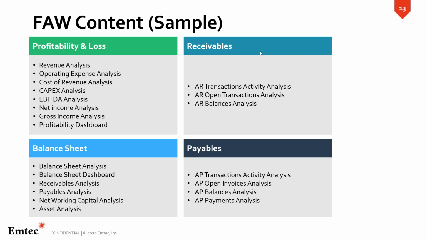Some sample content. I have some screenshots that we'll be showing in the next few slides, but just to go over some basic sample content, we have the P&L content that is part of ERP Cloud. That's also part of the FAW. It also has the receivables and payable subledgers, as well as the balance sheet.